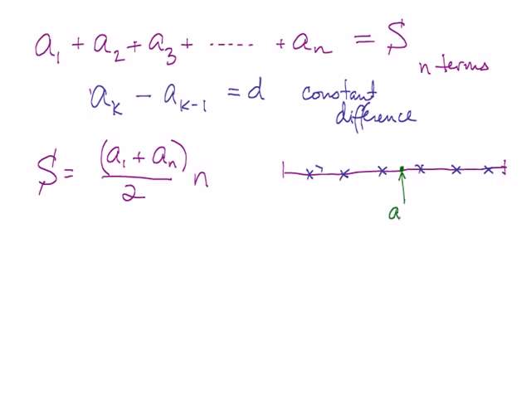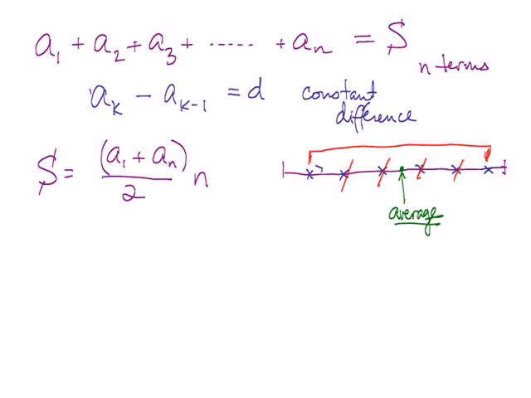Okay, you could do that for any series, but for an arithmetic series, you don't have to look at any of these interior points because they're evenly spaced out. You only need to take the average of the first and the last point. So that's one interpretation of this formula.